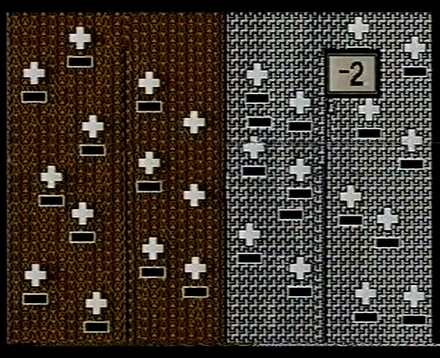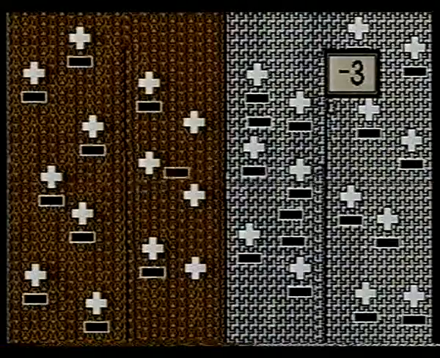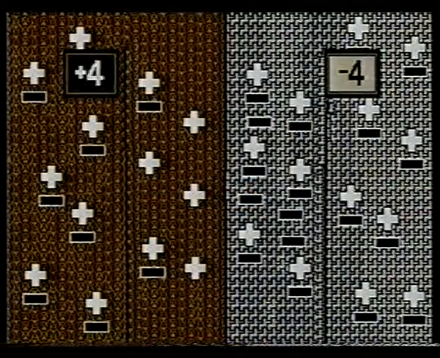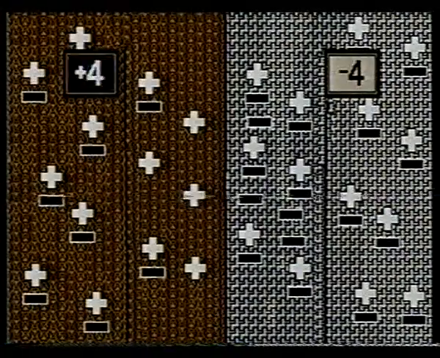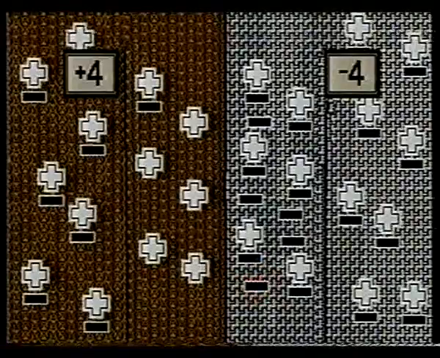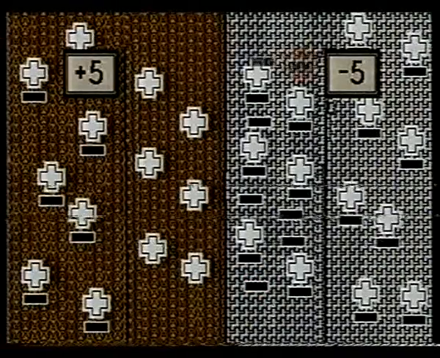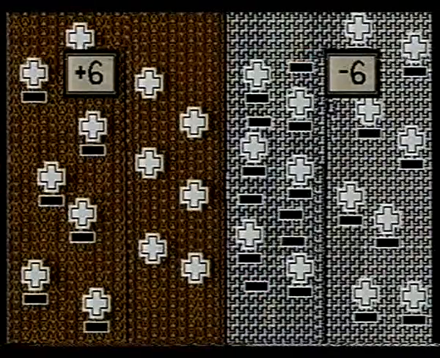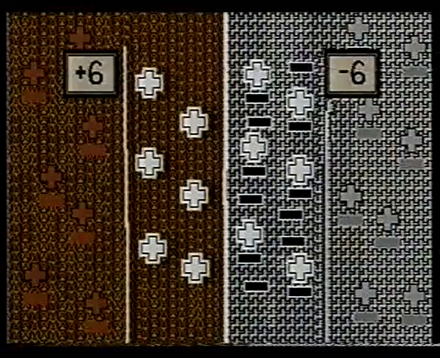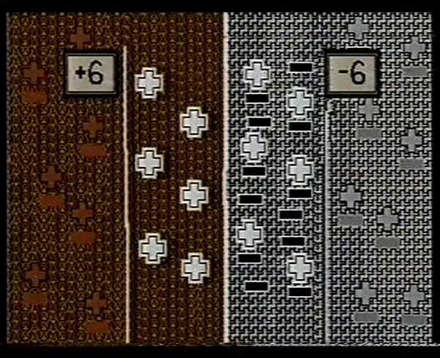The cotton, with its excess of electrons, becomes negatively charged. The wool, with its deficiency of electrons, becomes positively charged. Note that during the process, the positive charges never move. Both the cotton and the wool are good insulators, so the charge transfer is limited to where there is contact between the two.